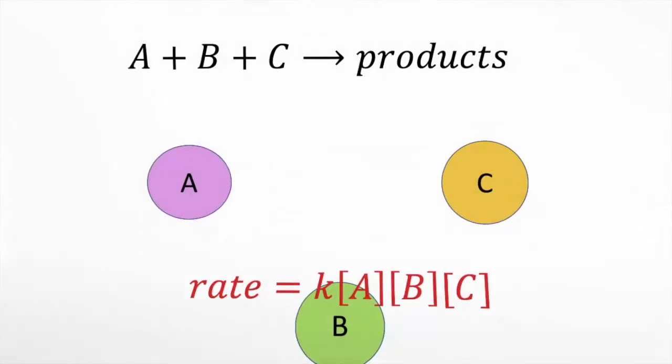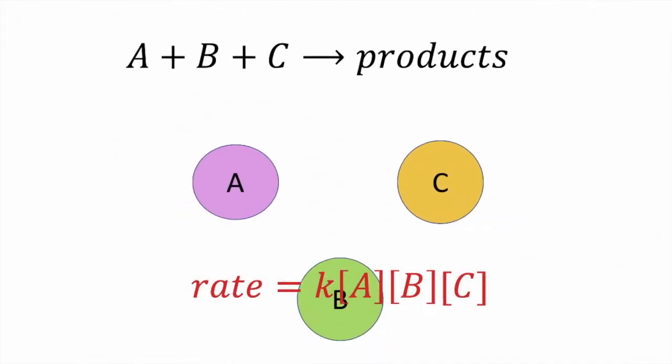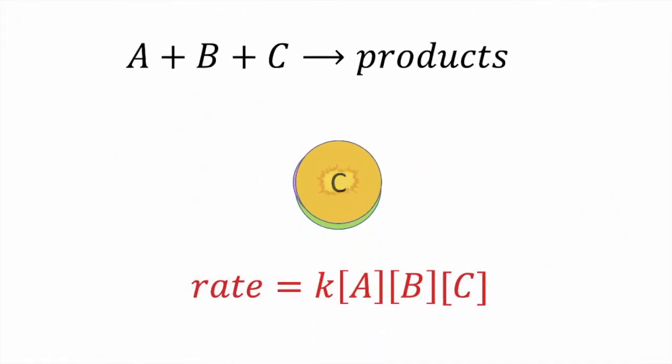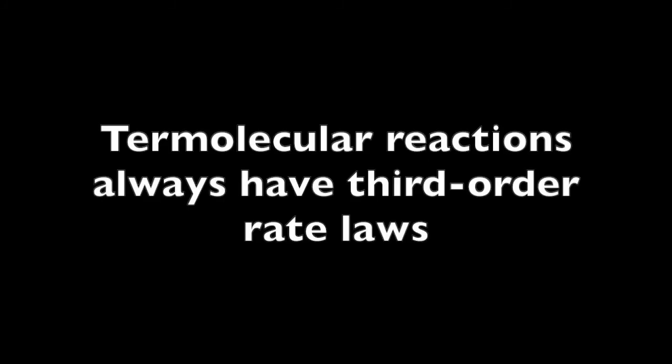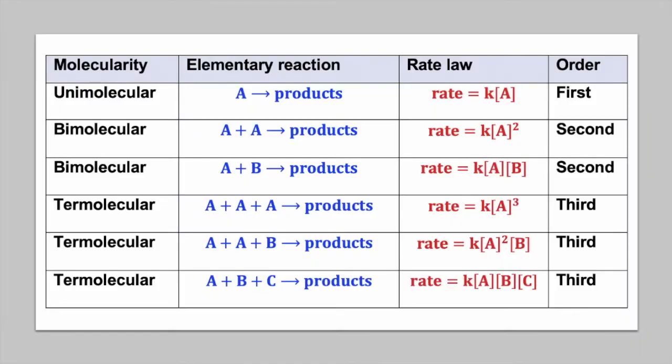Or perhaps you have three different species colliding at the same time, and you would get this rate law. Notice that all three of these rate laws are third order. Termolecular reactions always have third-order rate laws. This table summarizes the relationship between molecularity and rate law for unimolecular, bimolecular, and termolecular reactions.